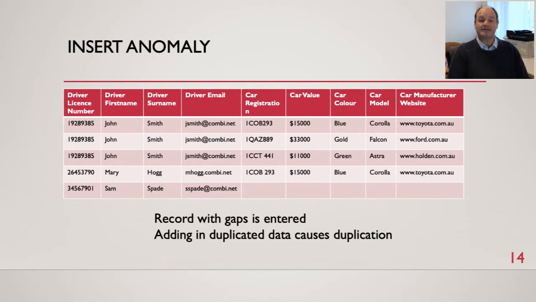A second instance of an insert anomaly is when the same data is added to the table, causing data duplication, as in the case of John Smith. By adding the data more than once, this insert anomaly can create the possibility of an update anomaly when updates on the data are required.